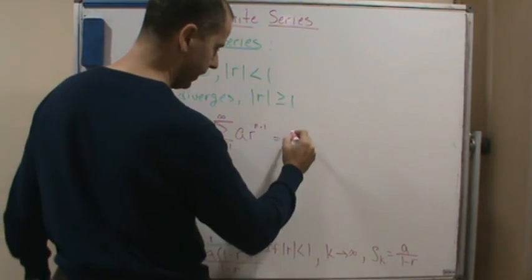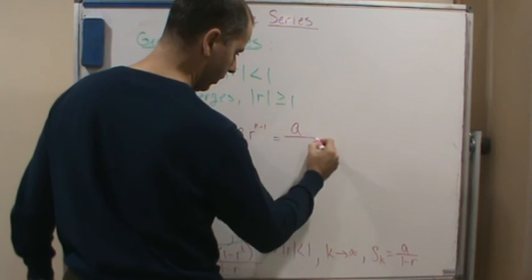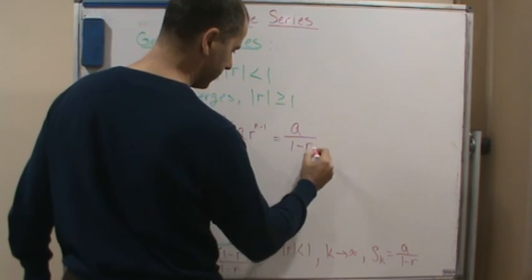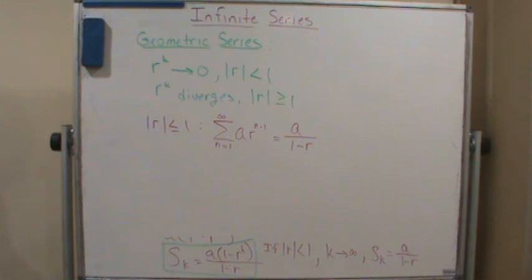It's convergent, and it equals a over 1 minus r. Okay?